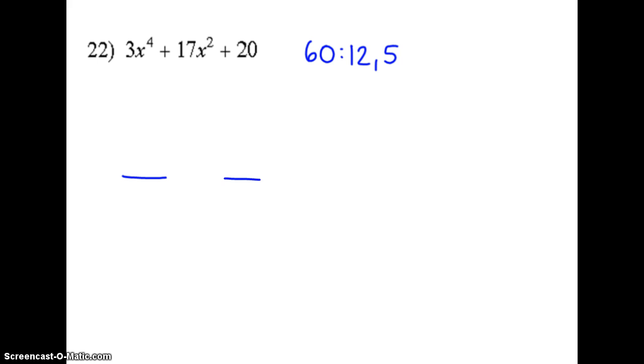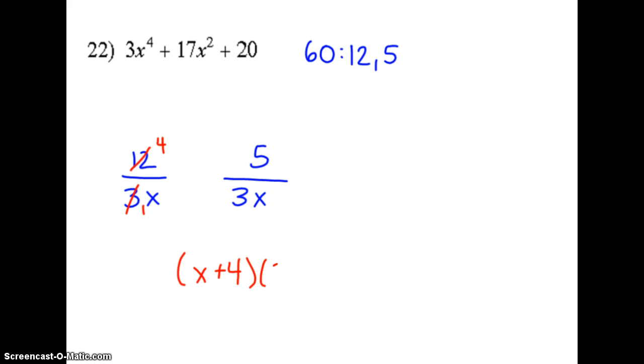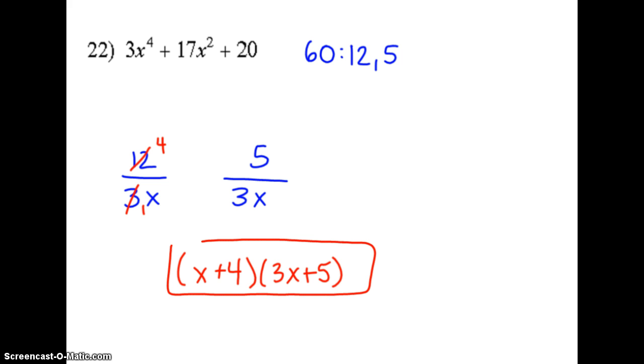So doing bottoms up, you have two fractions, 3x on the bottom for both, 12 on one and 5 on the other, because these are the two factors that I have. We begin by simplifying. This would be 4 over 1. This is already simplified, so I have x plus 4, 3x plus 5. That is your answer. I actually need to make a correction here. This is actually x squared, because the original problem has a fourth followed by a squared.